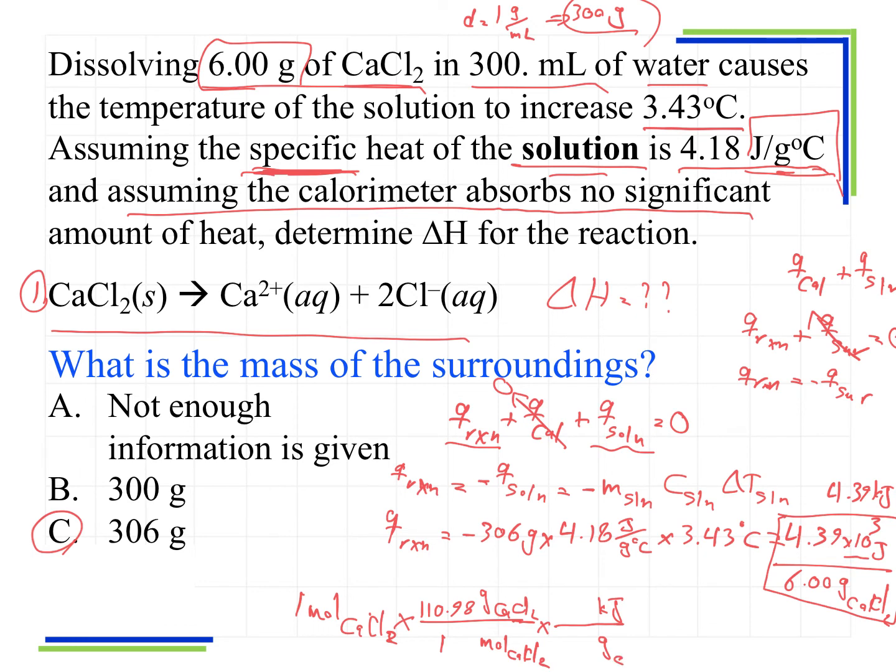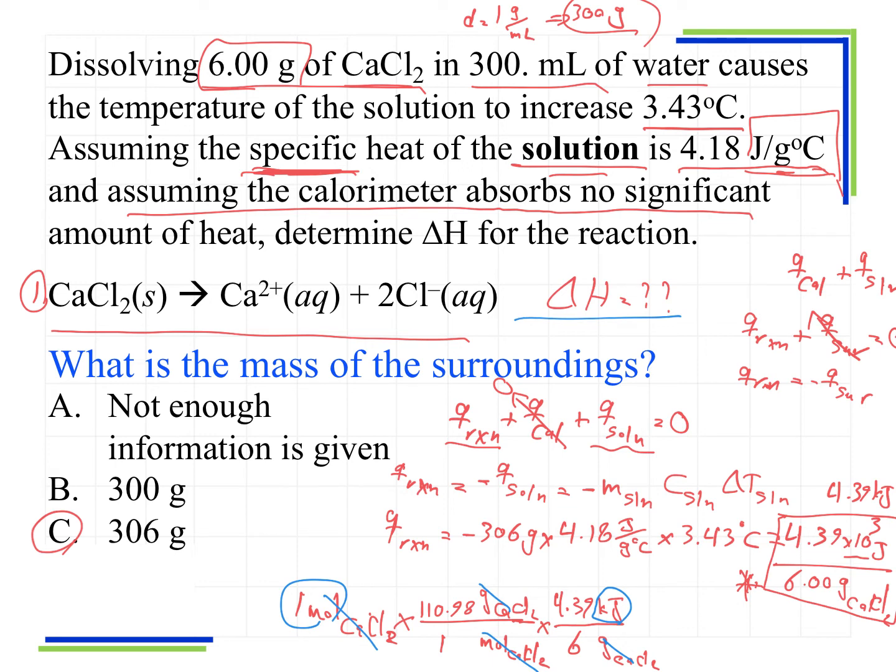So we have this conversion factor here. So we know that for 6 gram of calcium chloride we have 4.39 kilojoule. Okay, so therefore we can cancel out mole of calcium chloride with mole, gram with gram, and we end up with kilojoule for 1 mole of calcium chloride, and that's actually our delta H, right?